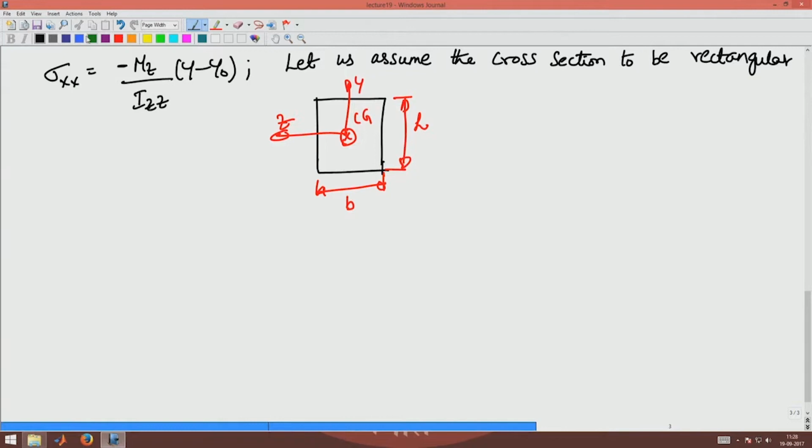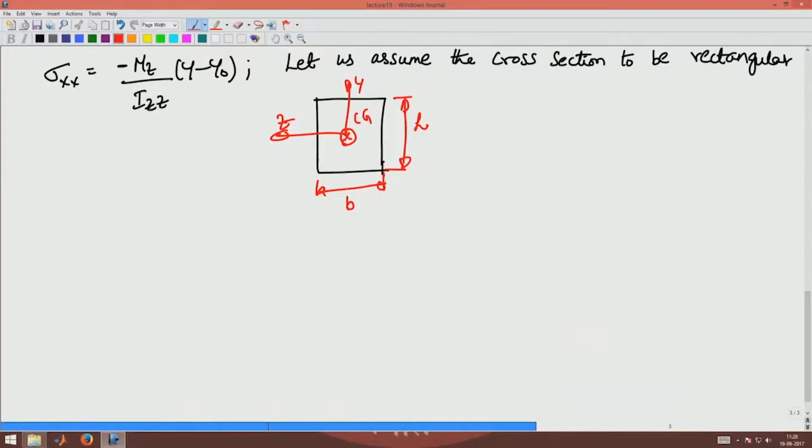Now y naught should be the center of the cross section, which means this is the CG of the cross section. You know that for the rectangular section the CG is at half the width and half the height of the cross section, hence this distance is going to be b by 2 and this distance is going to be h by 2.